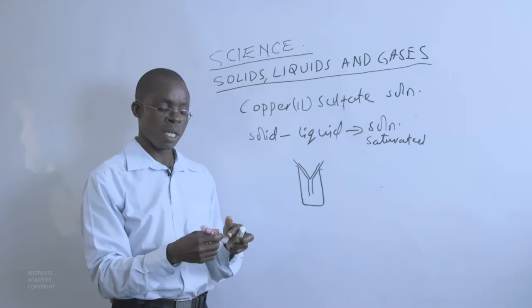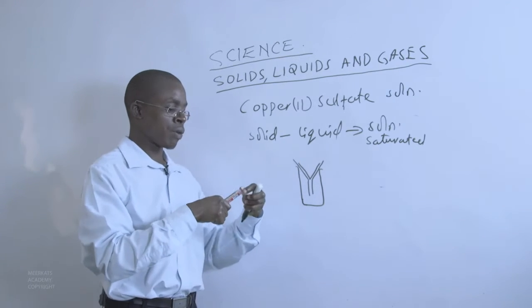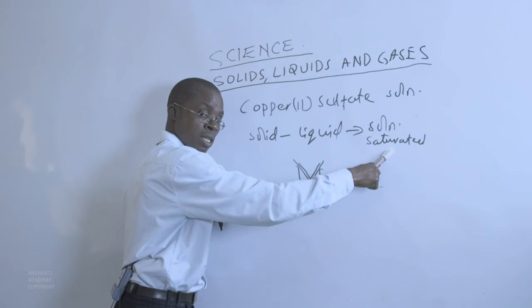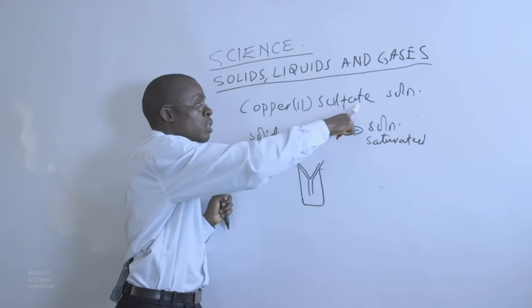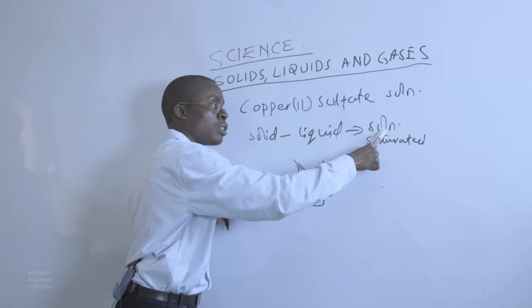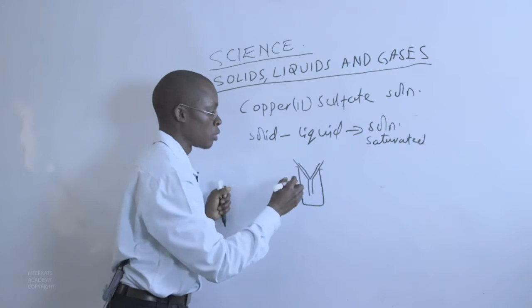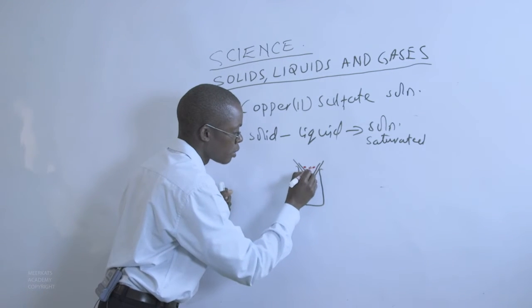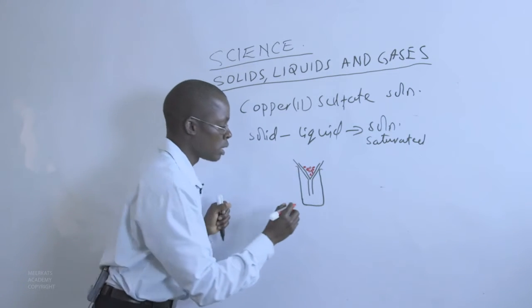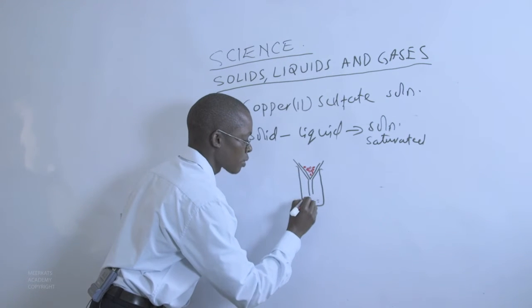Then on pouring into the filter funnel the solution which is now saturated, no more copper sulphate can be dissolved in the water. So, a saturated solution of copper 2 sulphate. What you get is a filtrate.